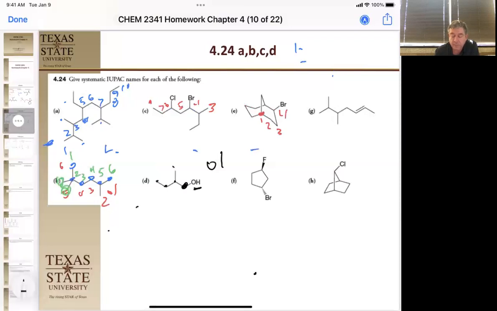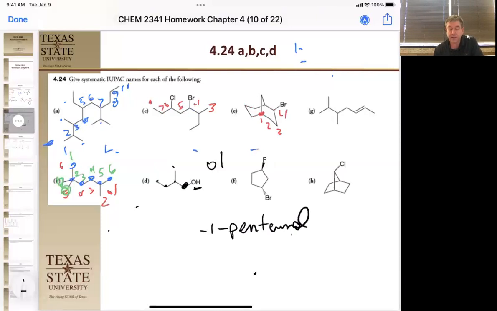So that means we have pentanol. The pent is for the 5 carbons, the ol is for the OH, and the OH has to be on that longest chain. And because that alcohol can start the chain, we want the alcohol at the lowest number. So we're going to say that's 1 pentanol.